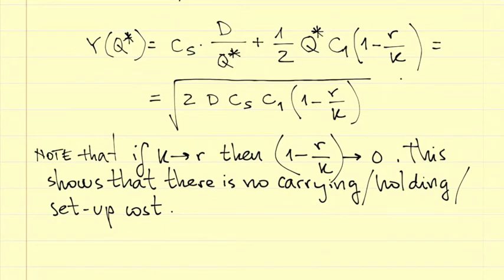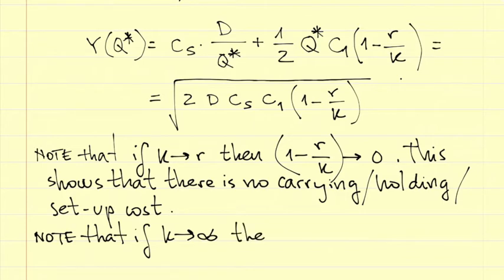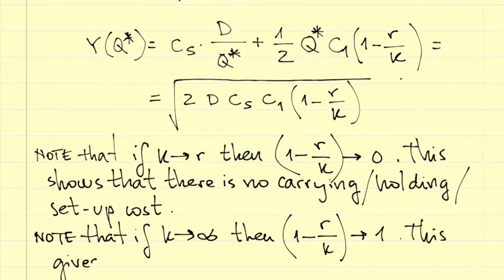And then note also that if K tends to infinity, then 1 minus R divided by K tends to 1, and this gives model number 1.